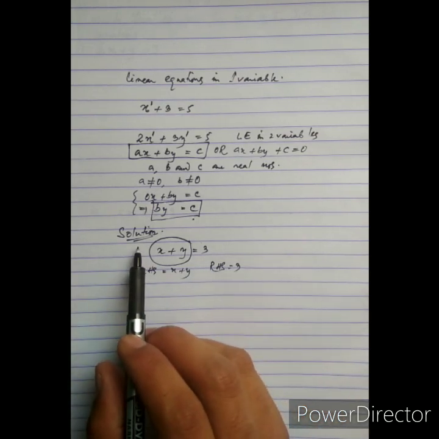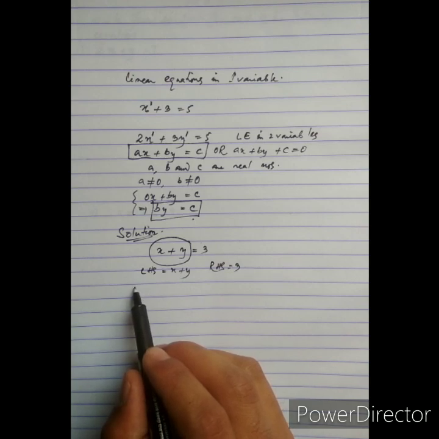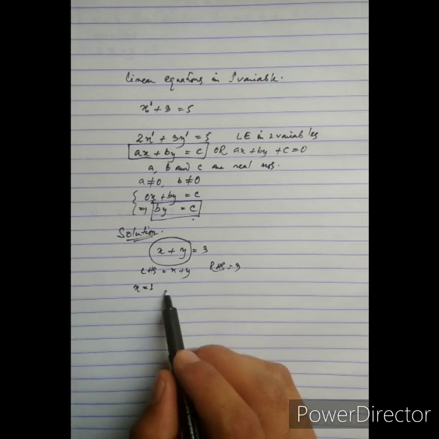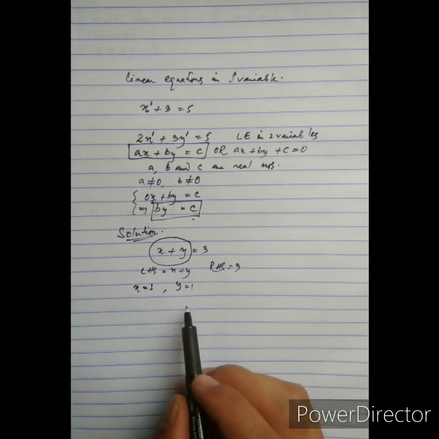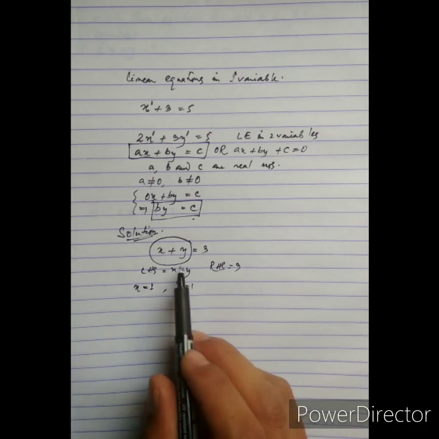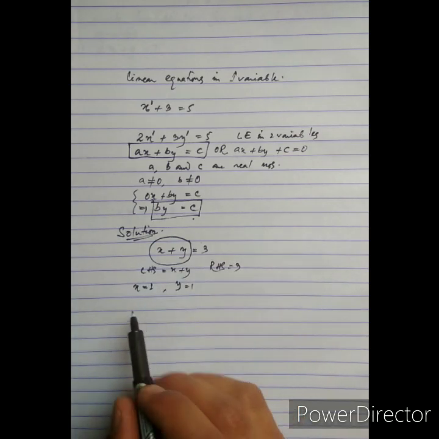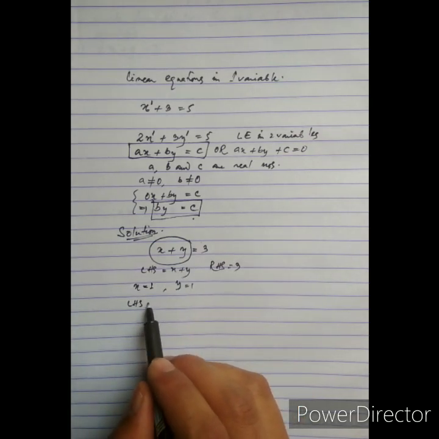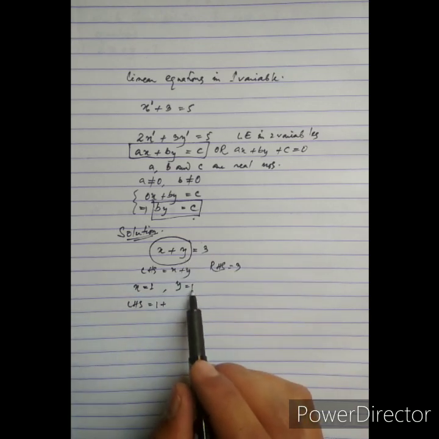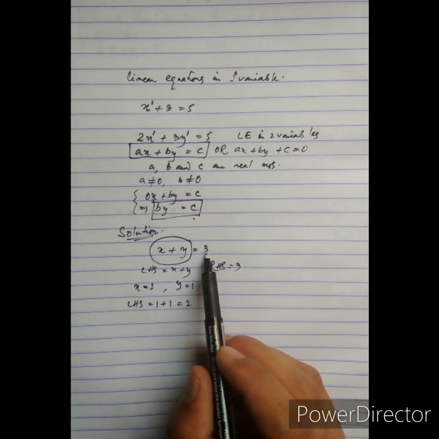Now let me tell you what a solution is. Let me do it like this. I'll take x as 1 and y as 1, and put these values of x and y in the equation. I find the variables on the left hand side, so I'll check it here. Left hand side: x means 1, y means 1, so how much do we get? 2. But on the right hand side there is 3.